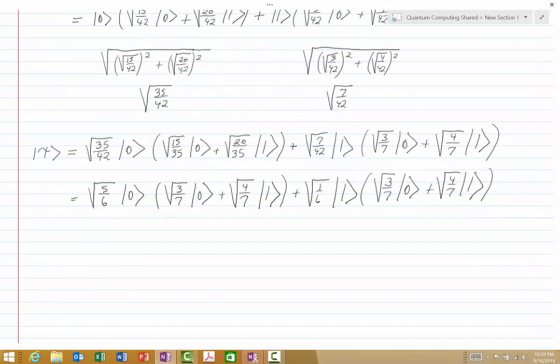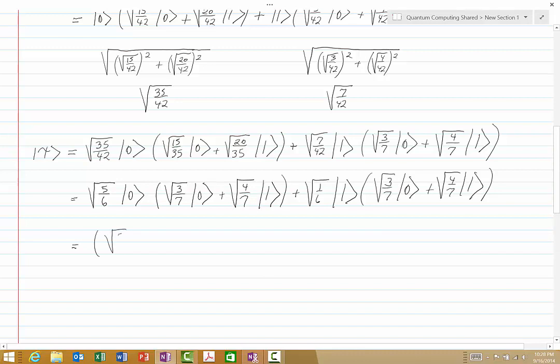And lo and behold, if you look at that closely, you see that the parenthetical terms for both of these are exactly the same. And so this means that this can be factored in the following way.